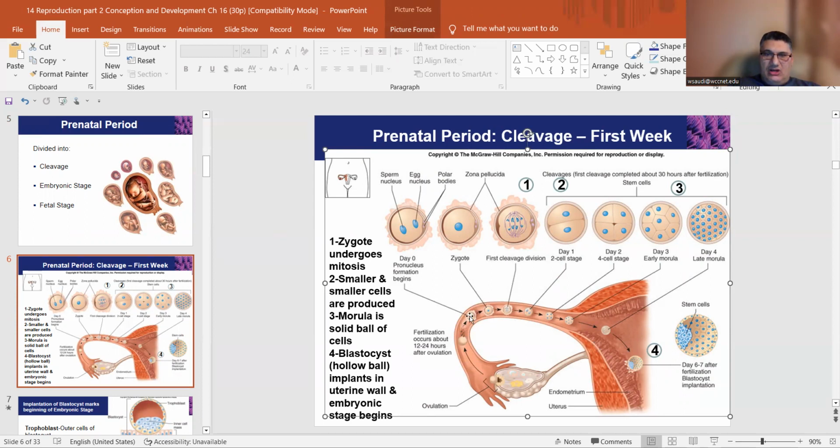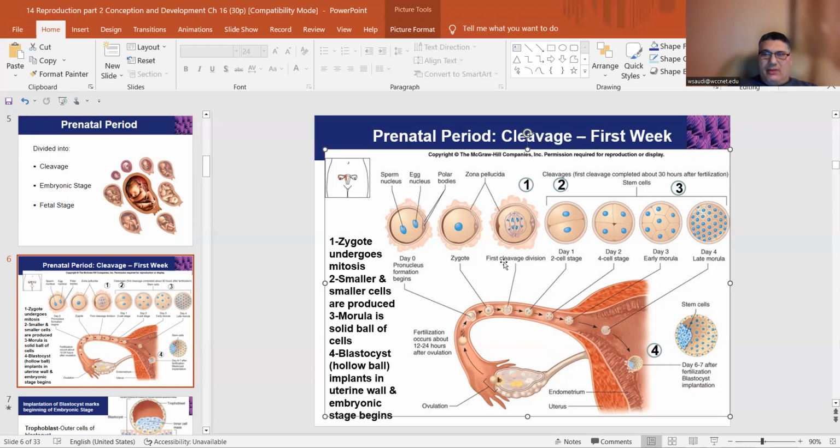Let's say fertilization occurs. When fertilization occurs, we call it day 0 at the time of fertilization. Now you have a zygote. And then you have the cleavage. Cleavage means breakdown, which is not really breakdown. It's like one cell, one fertilized egg becomes 2, 4, 8, and so on.